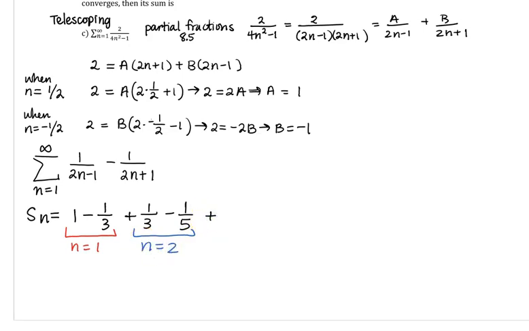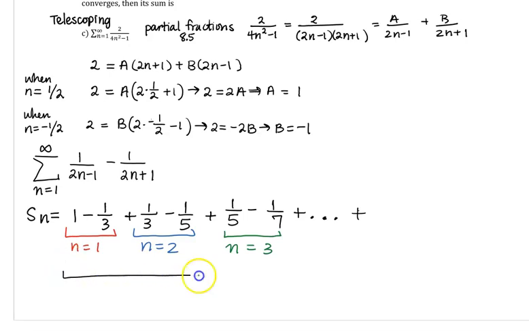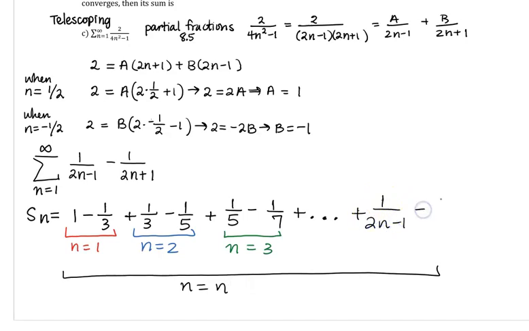When n is equal to 3, we will have 1/5 minus 1/7. Dot, dot, dot. Let's go on to think about what happens when n is equal to n, when we add up the first n terms. Well, then I'll just have a 1 over 2n minus 1 minus 1 over 2n plus 1.